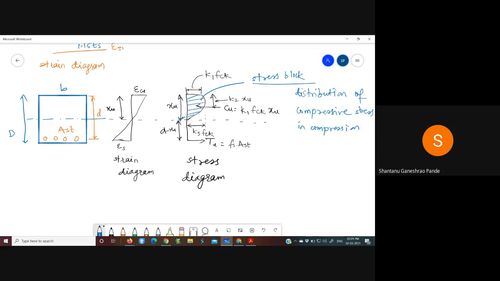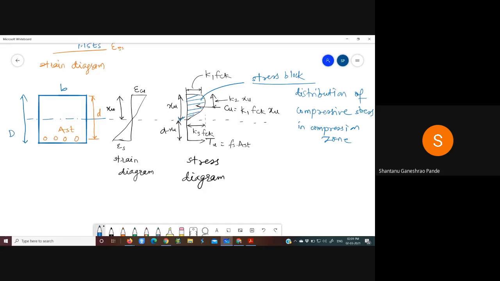There may be questions based on the stress block or stress block parameters. Typically in the IES exam also, a few times there was a question based on stress block parameters.